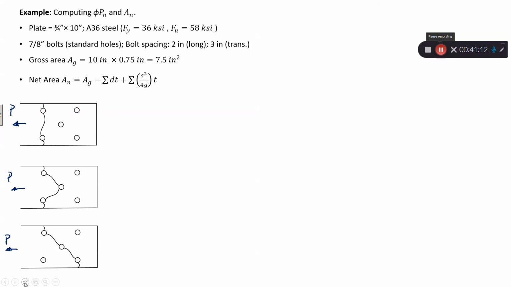Let me use the green color for dimensions. So 2 inches in the longitudinal direction and 3 inches in the transverse direction.